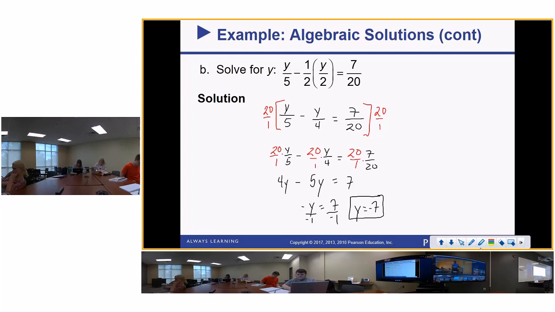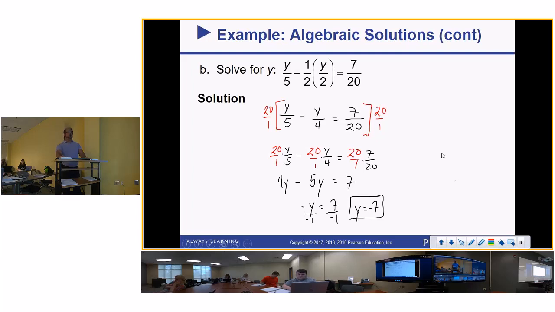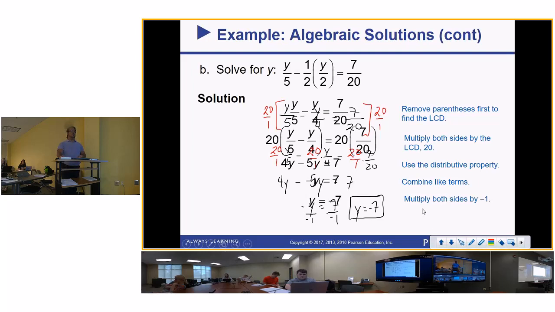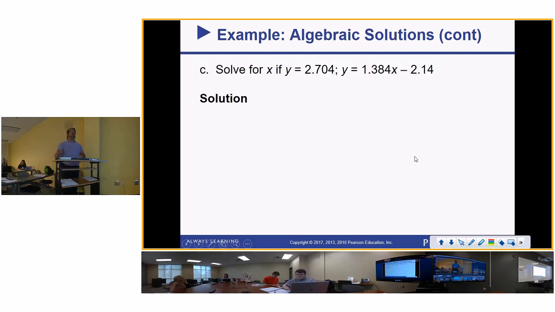Again, complex rational expression or complex rational equation, you multiply through by the common denominator. What if you have, let's see, y is equal... Solve for x if y is equal to 2.704.